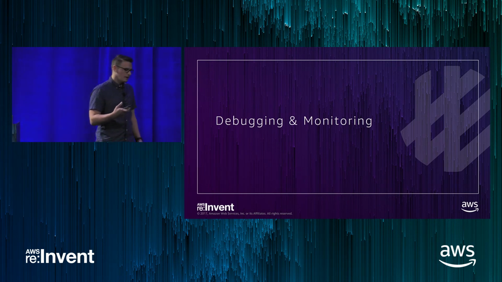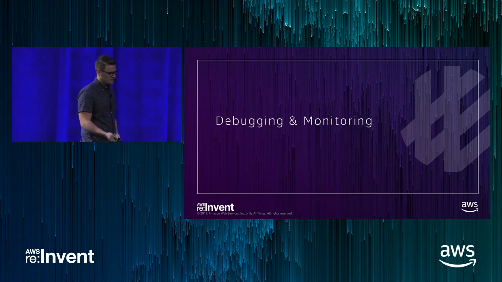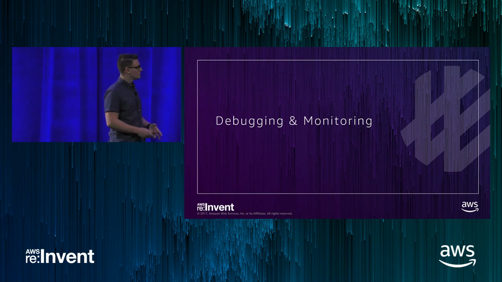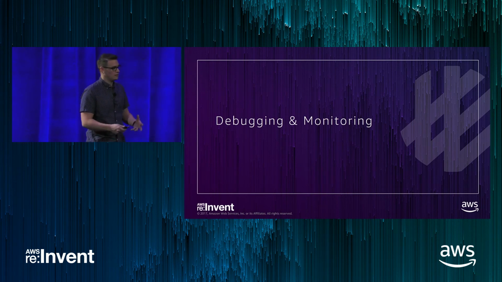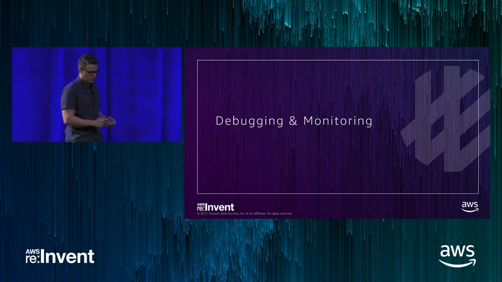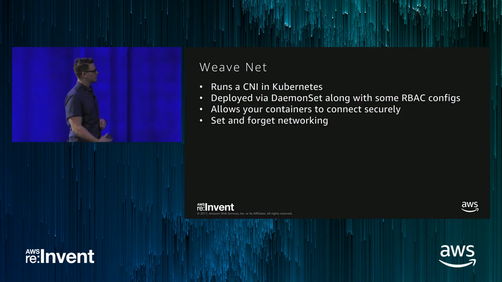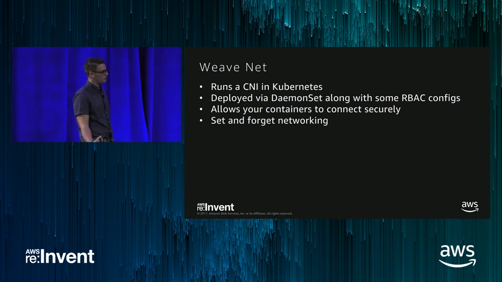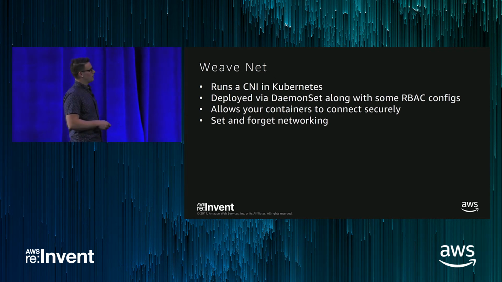But specifically, I find that Weave has a really interesting take on it because they give you a debugging console that's really great for doing staging and dev workloads in an environment that is like production. Under the hood, to get all this running, you run a CNI plugin on Kubernetes. You can also run this in DCOS, and it's deployed via daemon set.